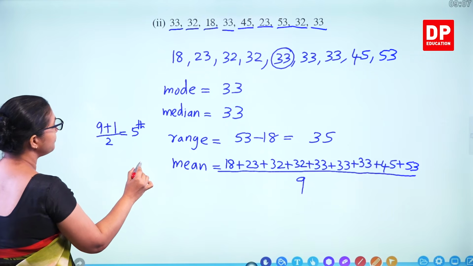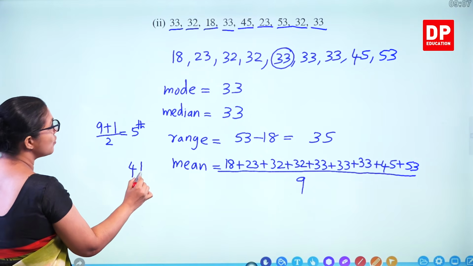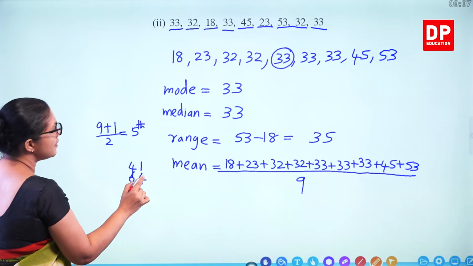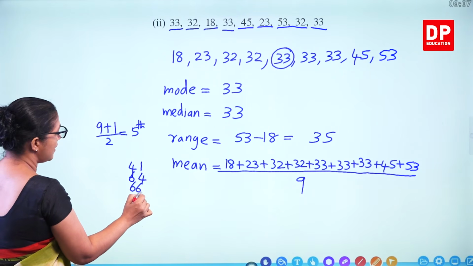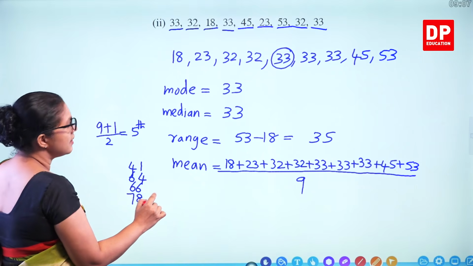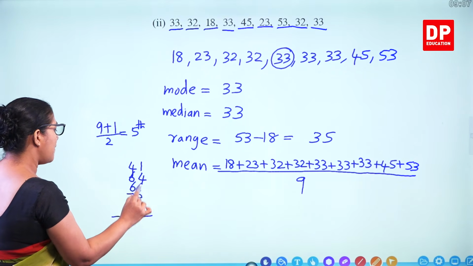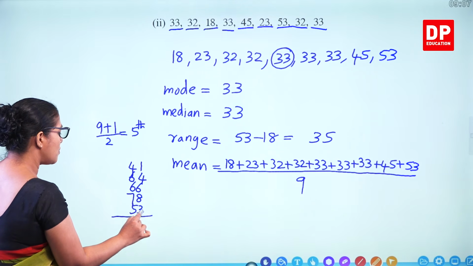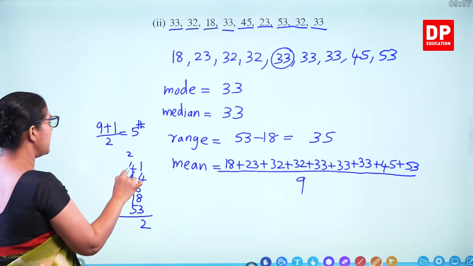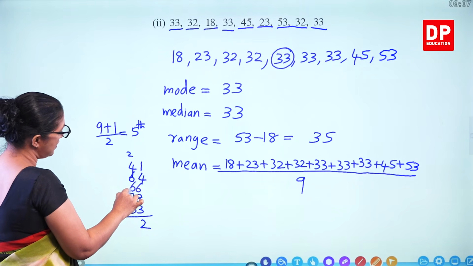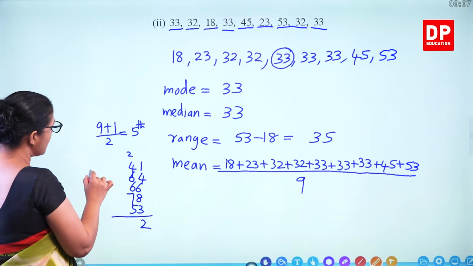These two, 41. 32, 32. You get 64. 33, 33. 66. 33 and 45. 78 and 53. 10, 11, 19, 22. 2 remaining. And 10, 12 and 18 and 18 plus 12.